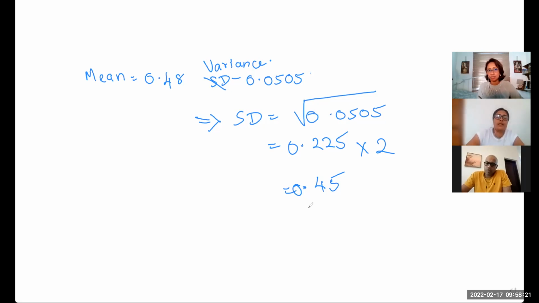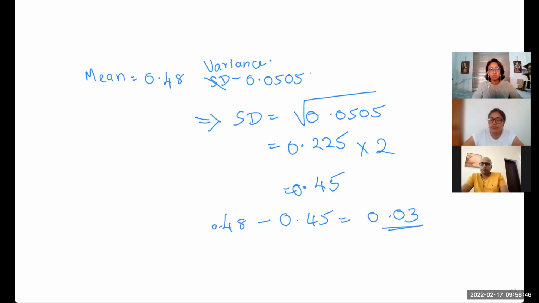Now we want to find out the closest score, which is 2 standard deviations below the mean. So 0.48 minus this, 2 standard deviations, we end up with 0.03, correct?